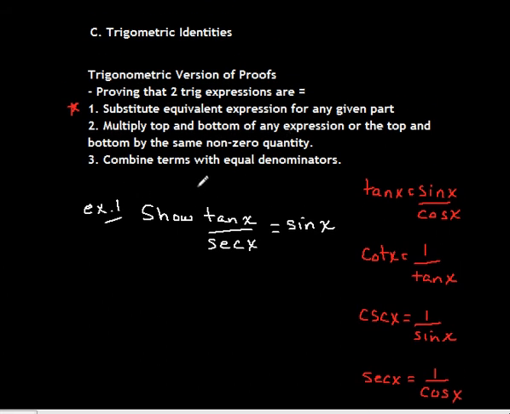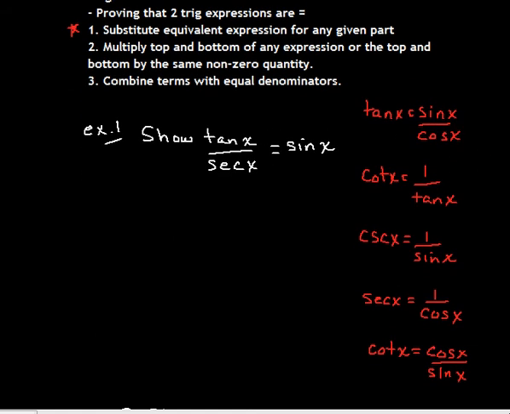You always start on one side, simplify the most complicated side, and try to make it look like the simple side. So here we go. Before we get going here, these are some identities that you need to memorize. Tangent of x is equal to sine of x over cosine of x. Just like tangent is equal to opposite over adjacent, opposite would be sine, adjacent would be cosine.